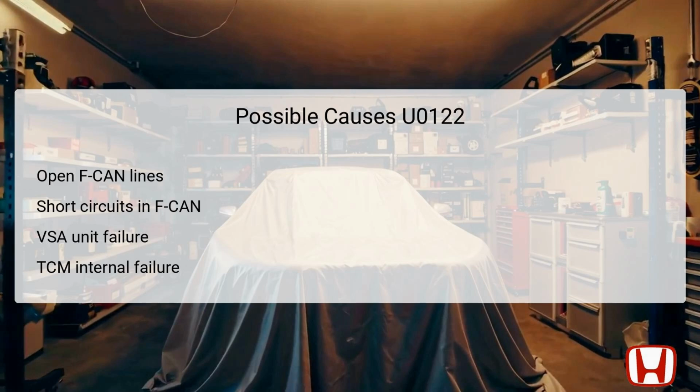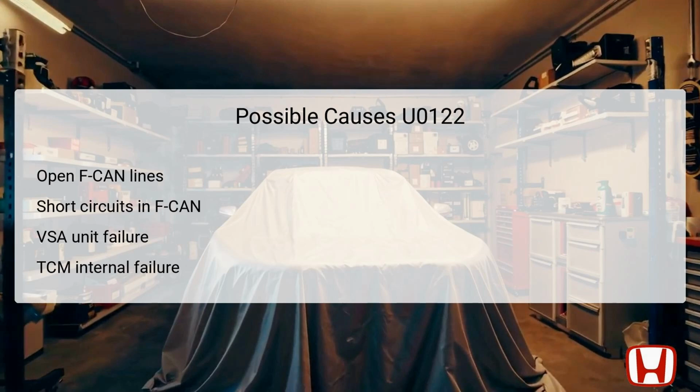There are several possible causes for DTC U0122. One possible issue is open circuits in the FCAN lines, either FCAN-H or FCAN-L. This prevents the TCM from receiving signals. Short circuits in these lines can also lead to abnormal communication, triggering the error.